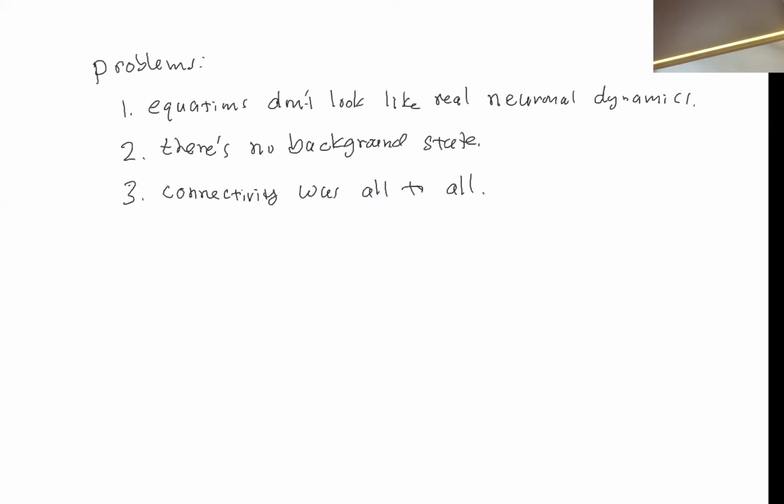So we are going to talk about the problem with this one. This is fixable, and I'm going to do that. The problem with this one is that each neuron makes K connections.